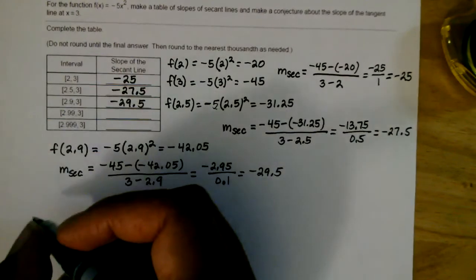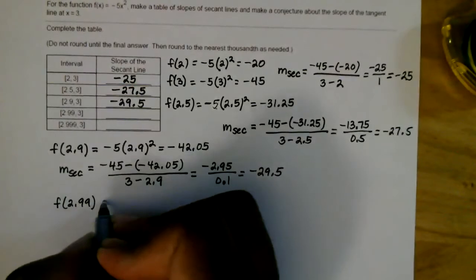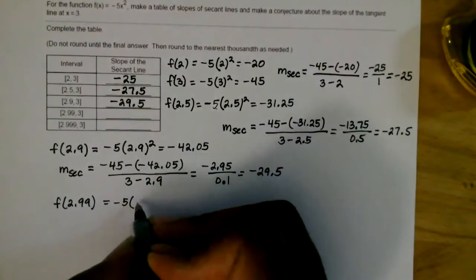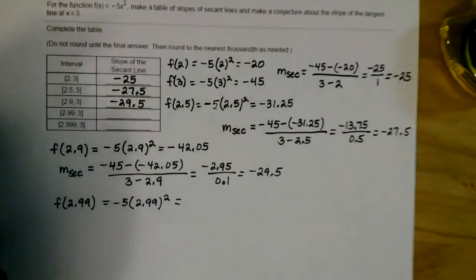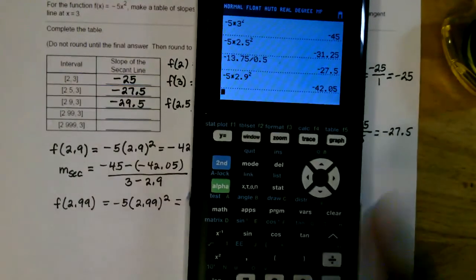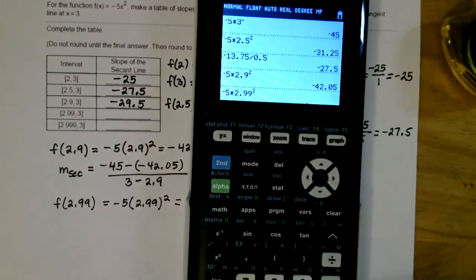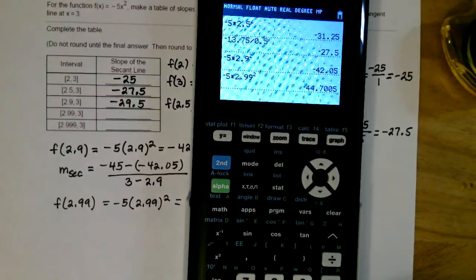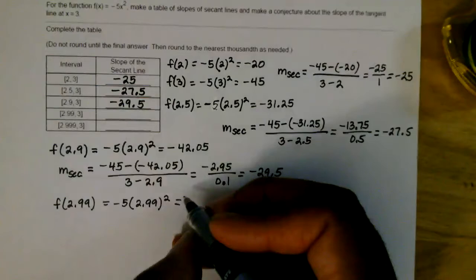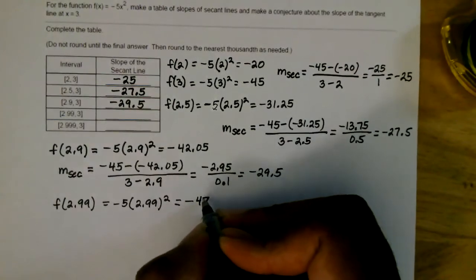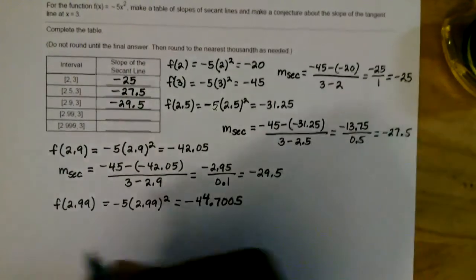From 2.99 to 3, I need to know what f of 2.99 will be, which is, of course, negative 5 times 2.99, and that's squared. That'd be negative 44.7005.